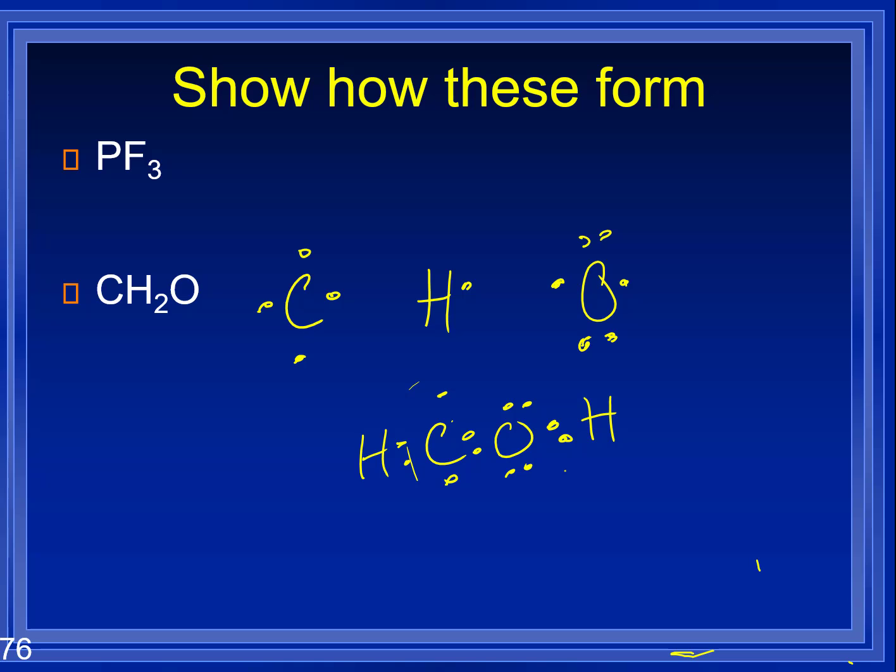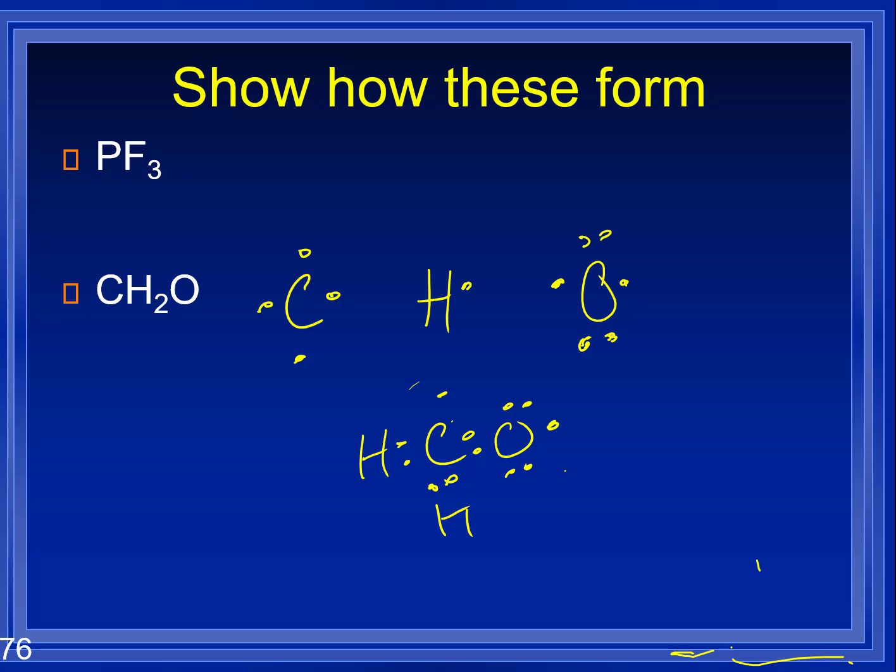Our secret to a double bond was one had to come from each atom, right? So putting one hydrogen on carbon and one on oxygen means I can't finish this, right? There's no way for me to finish it. So it was a bad choice to put this hydrogen over here. I should have put it here.